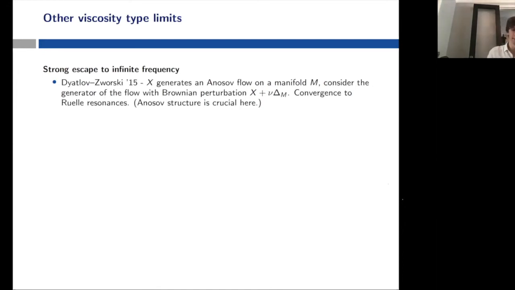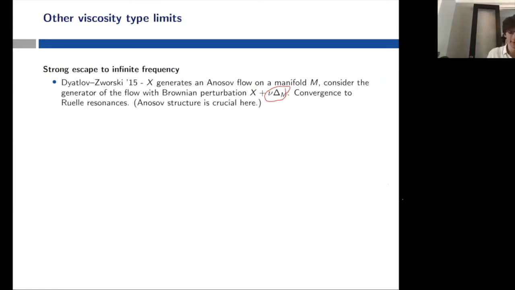And so what Dyatlov and Zworski did is they looked at X plus nu Laplacian, right? And this adds, again, some kind of damping to the system, or in this case, you should think of it as actually some kind of random perturbation, a Brownian perturbation of this path.